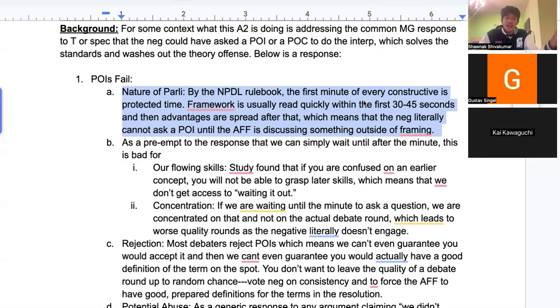No idea why. I would say it's a bad norm. Hint, hint, probably something to change. Everything you want to ask is in a POI, except for text and status for some reason. Judges are fine with you yelling text and status because it's just being taught that way. But we have to break that mindset.